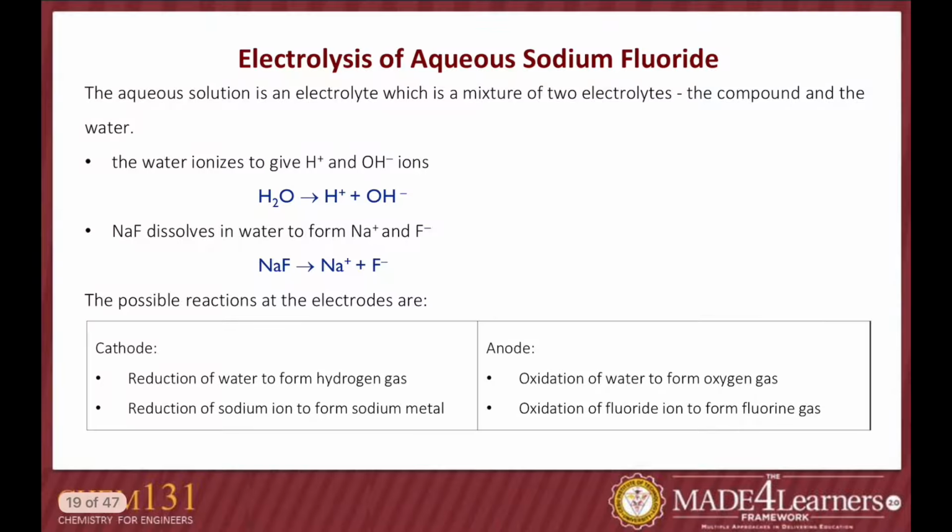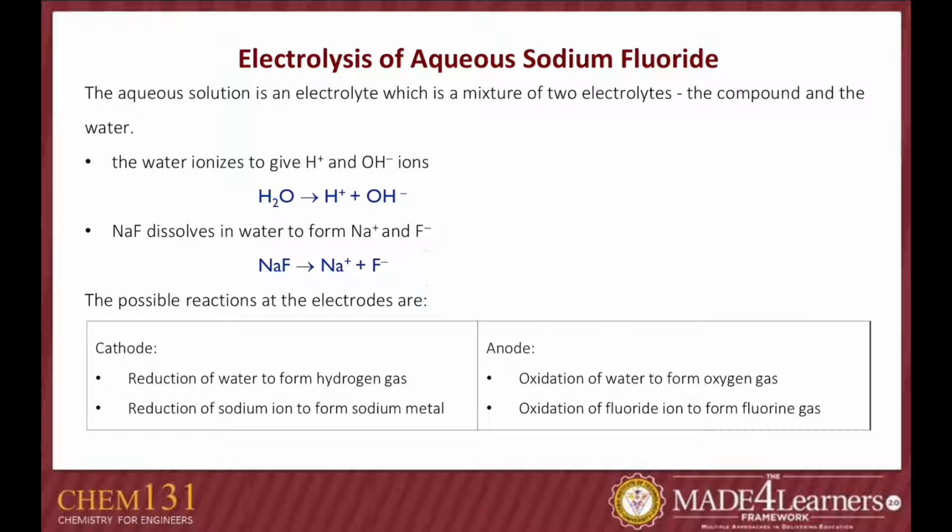Okay, so here is the electrolysis of sodium fluoride. So for sodium fluoride, NaF, so it's an aqueous solution man, so water ionizes into H plus and OH minus ions, diba? And sodium fluoride will dissolve in water to form sodium ion and fluoride ion. So there are two possible reactions at the electrodes.